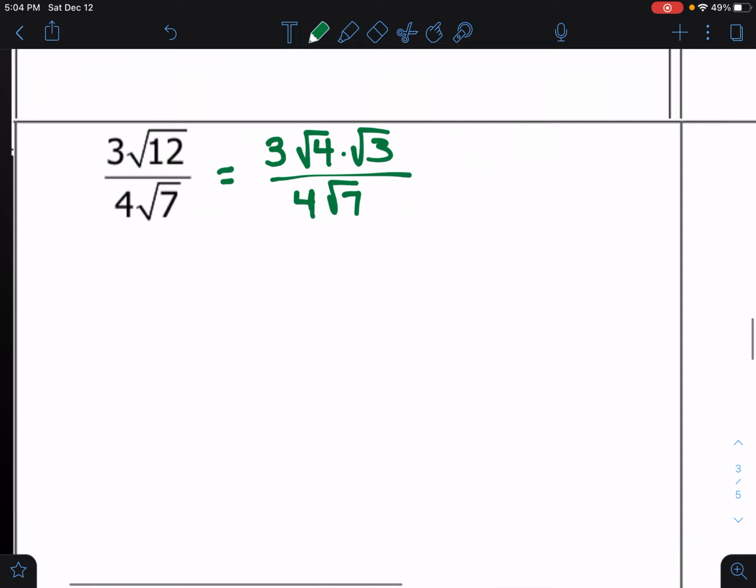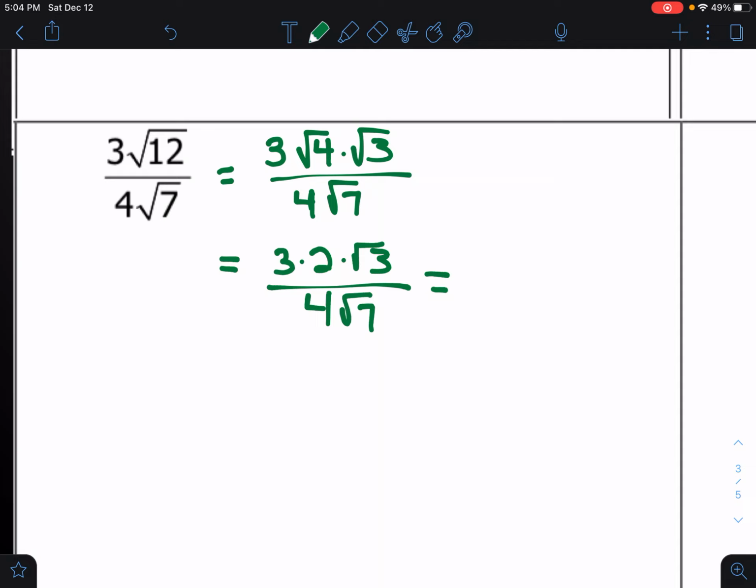Okay, so this would give me 3 times 2 times square root of 3 over 4 root 7, which would be 6 root 3 over 4 root 7. Okay, so now I actually could reduce this.